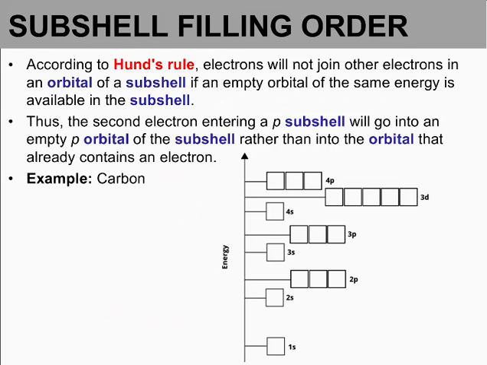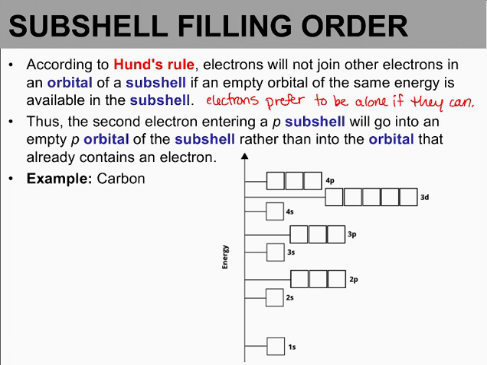But if they're forced into the same subshell, they should have opposite spin. So let's write: electrons prefer to be alone if they can.